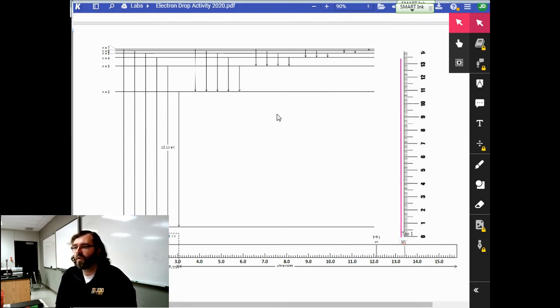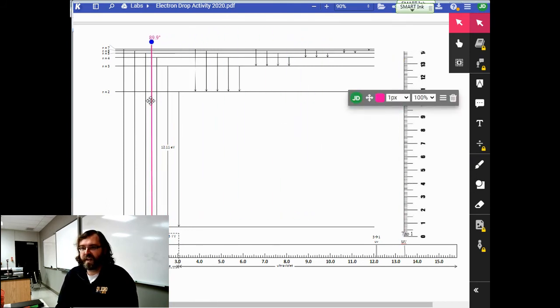Now, I would continue this for each of the different energy level transitions, and I can just take the same line and adjust the length of it to the next transition and the next transition and the next transition and so forth. So I can just drag that line back and forth to the ruler to make my measurements, and then I'm marking them down here on the bottom diagram.